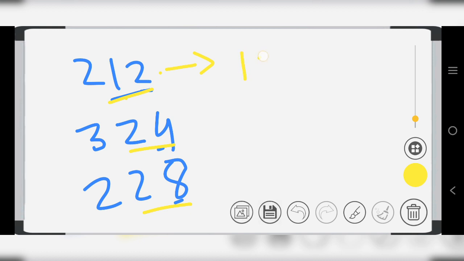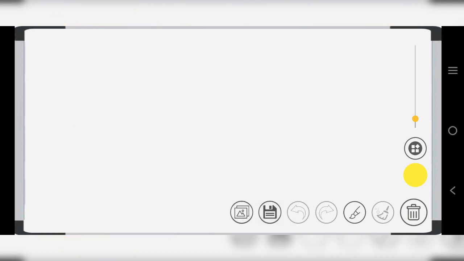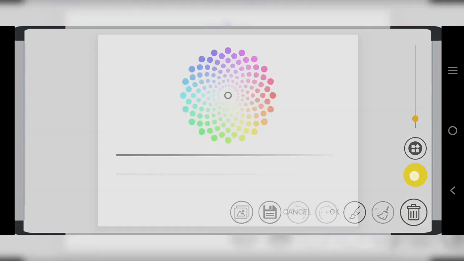Yes, 12 is divisible by 4, 4 threes are 12, and 24 is also divisible by 4, and 28 is also divisible by 4. Then 212, 324, and 228 are divisible by 4. So these are the divisibility rules of 4 and 5.